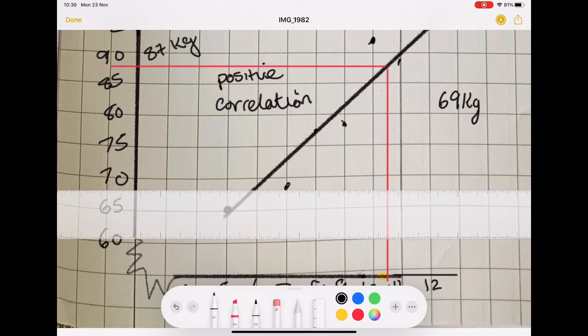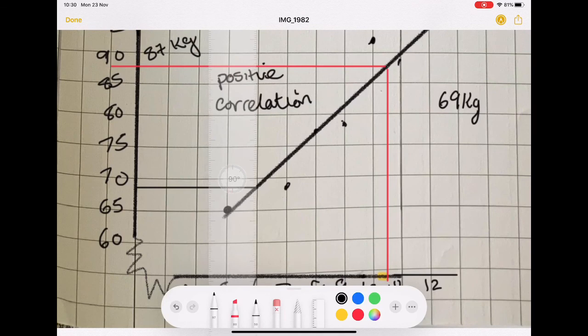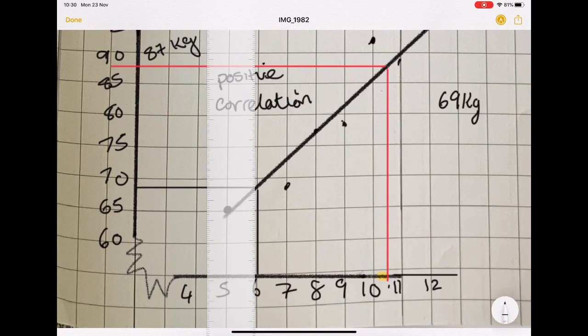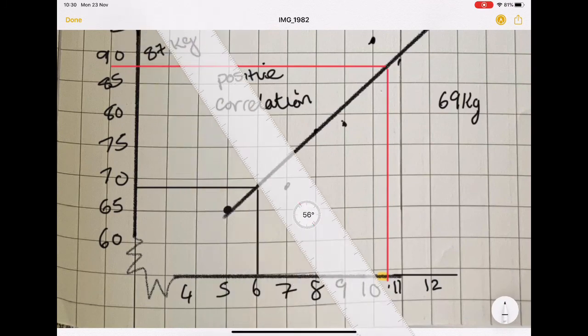So 69, and then I'm going to draw down, straight down to my x-axis, and let's have a look. Bang on, size 6.